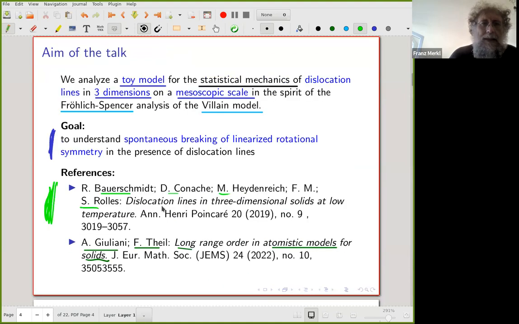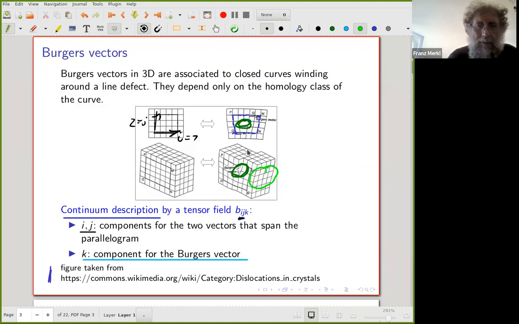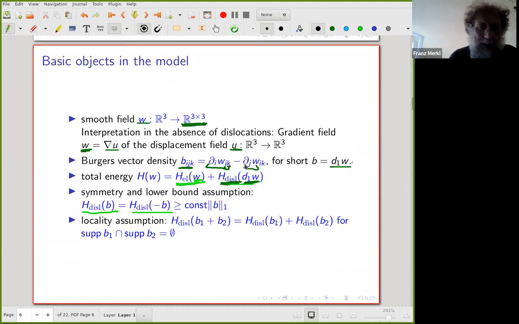So in this model, when you perturb your crystal, rather than what is done here, moving the left part out of the picture and the part to the right inside the picture, when you reverse the directions, it should cost the same energy for a dislocation. That's this assumption.